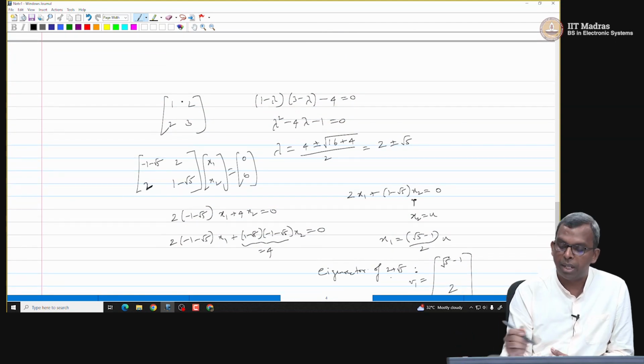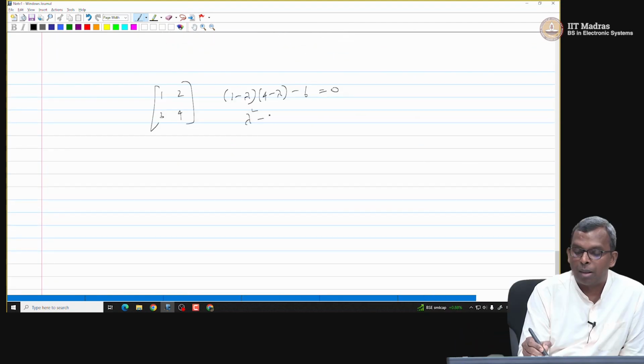These two eigenvectors ended up being orthogonal, and that is not really magic. There is a structure in this matrix which guarantees that. Here, lambda squared minus 5 lambda minus 2 is 0. So, the two eigenvalues you are going to get are 5 plus or minus square root of, oh my god, this is really ugly, 25 plus 8, that is going to be 33, by 2. So, you get 5 plus or minus root 33 by 2.